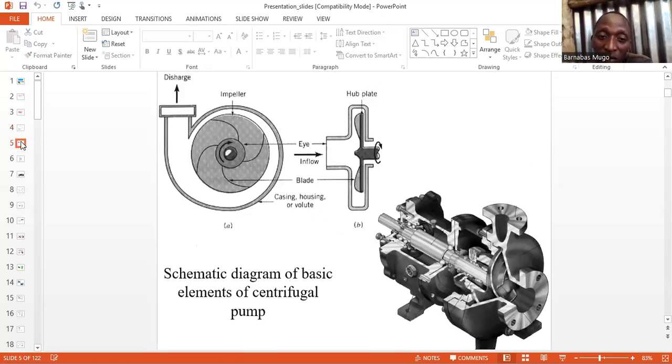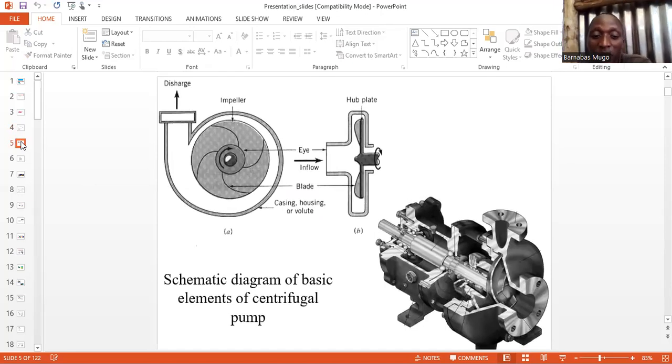Another thing that I want us to discuss is the internal, that is the schematic diagram of the basic centrifugal pump. As you can see from that diagram, there is the inflow, where water is flowing into the system. This is the internal part, or the eye of the impeller.